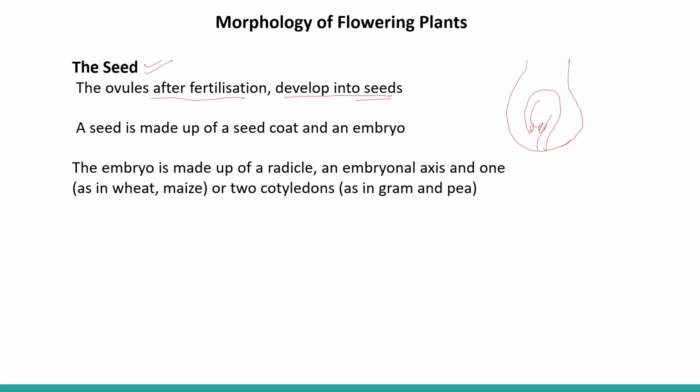This is the embryo sac. Very important. In the embryo sac we have 3 cells at the micropylar end and 3 cells at the chalazal end. Actually, this is the part we are going to study in the sexual reproduction of the flower. And in the embryo sac, in the center, we have 2 polar nuclei. So this is the structure of the ovule.